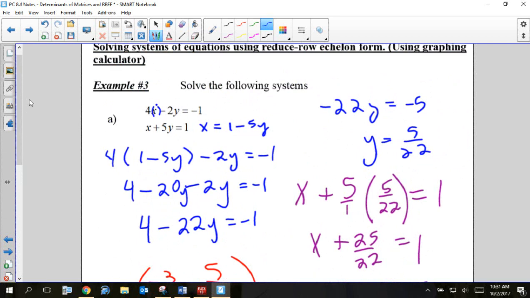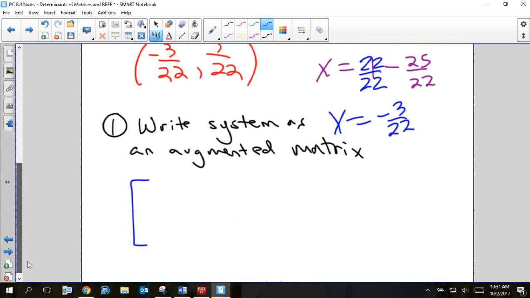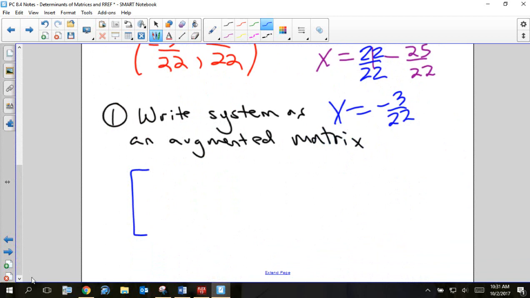And then what are the dots in this matrix? The equal signs. And then the constants over there. So we will have 4, 1, and we'll have negative 2, 5, and then the dots, and then the negative 1, 1. So we first write it as an augmented matrix. So that would be the work that you'll show on your paper if you're doing it with the calculator, because the rest of it's on the calculator.